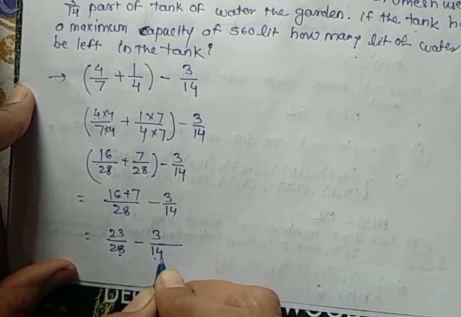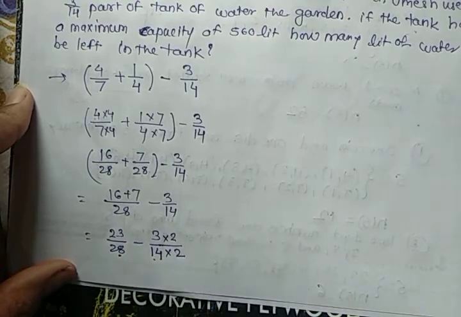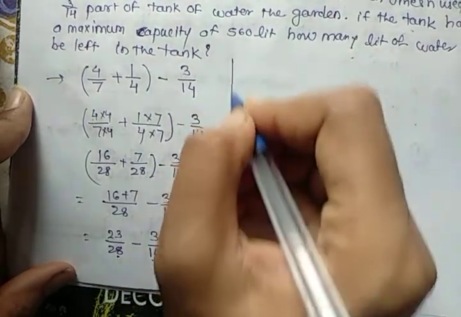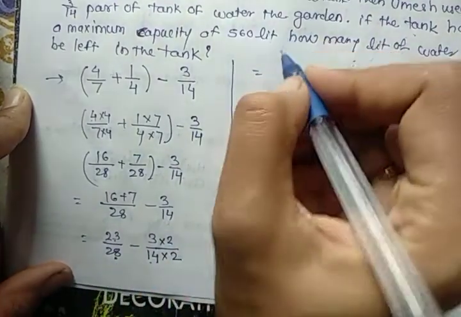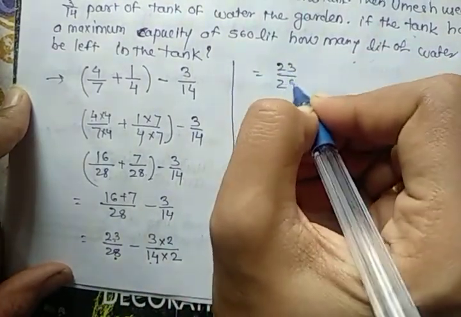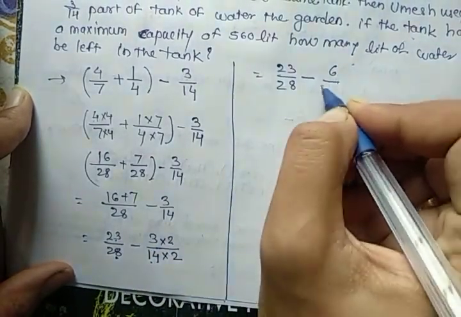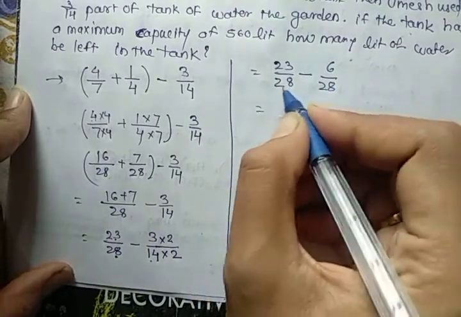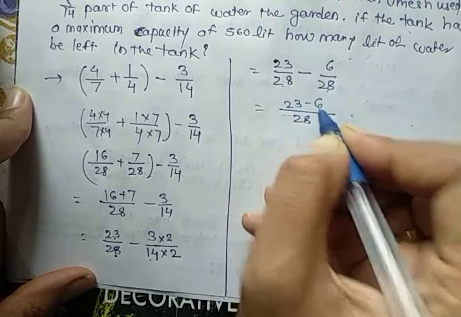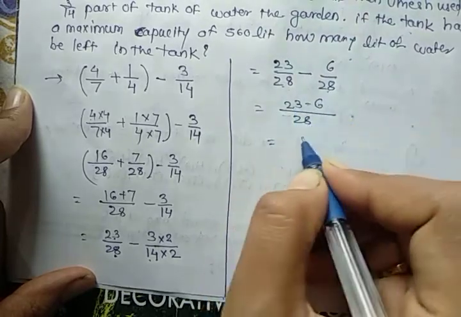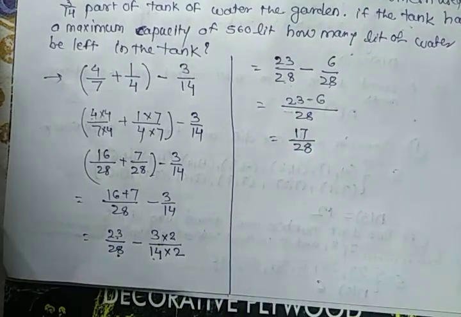For making the same denominators, only multiply by 2 to the second fraction, then it will be the same. So the next step is 23 upon 28 minus 3 twos are 6 upon 28. See, these both denominators are the same, so write only one time and subtract the numerators. 23 minus 6 upon 28. Answer is 17 upon 28.